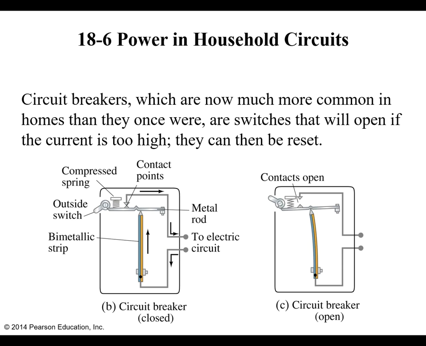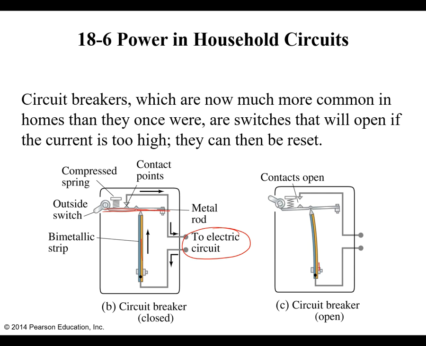What you have is your electric circuit here connected this way, so you have a complete circuit. But part of that circuit is this metal rod, which is connected to a spring, and you have this bimetallic strip, which will heat up if the current is too high.